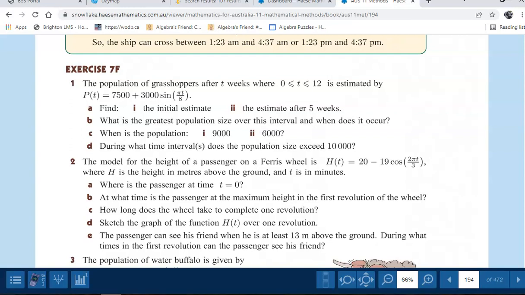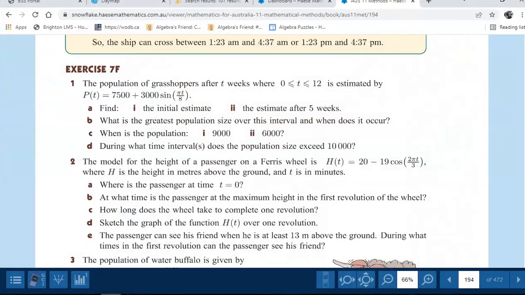So 3,000 plus the 7,500 is your 10,500. Could you tell me what the minimum number of grasshoppers would be? Your minimum was minus 3,000 lifted up by 7,500. 4,500. Does that make sense? Okay.